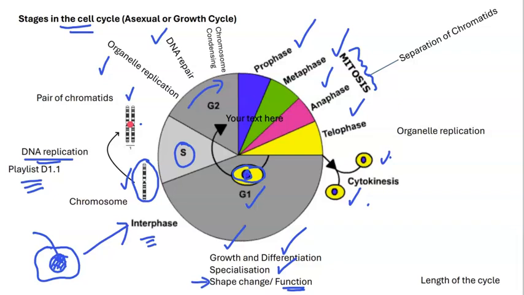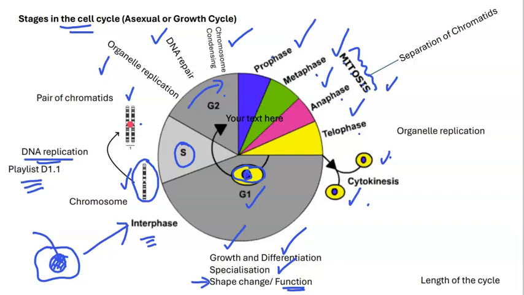And then in preparation for those phases of mitosis, the chromosomes begin to condense, a process that we'll look at in a later video in this playlist. So that would be G2, which would then be quickly followed by prophase, metaphase, anaphase, and telophase of mitosis.